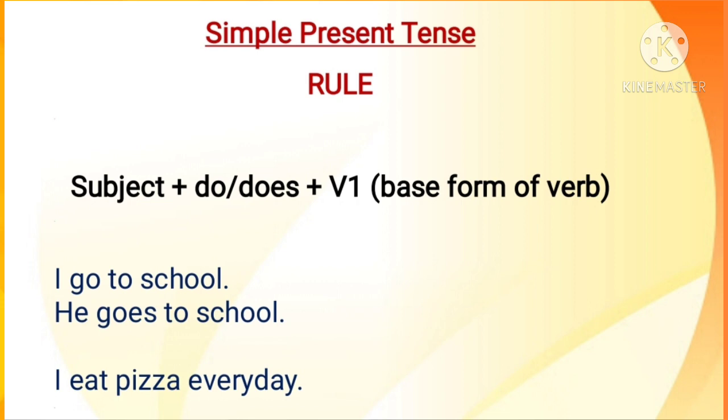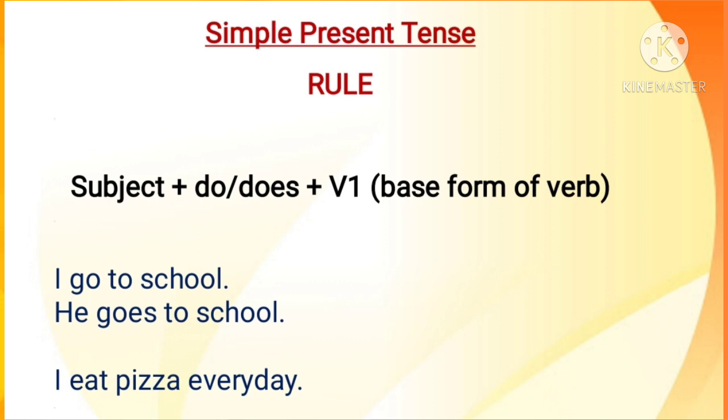Next example. He goes to school. He is the subject. Does plus go is goes, plus other words, to school. Next example, I eat pizza every day. I is the subject. Eat, do plus eat is eat. And pizza every day, they are other words.